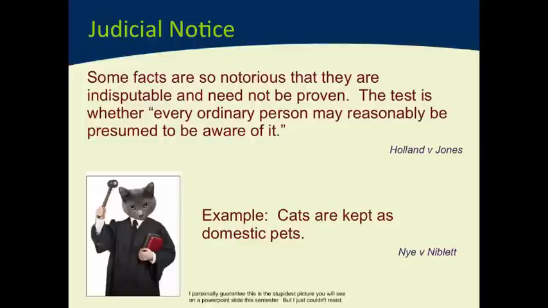So where are we at so far? We've talked about relevance. We've said that something is relevant if, alone or in combination with other facts, it tends to prove a fact in issue. We've said that the court should take account of anything that's relevant and that it mustn't take account of anything irrelevant.